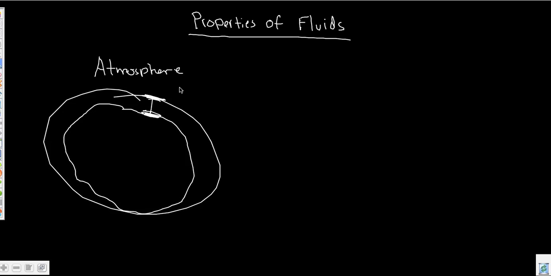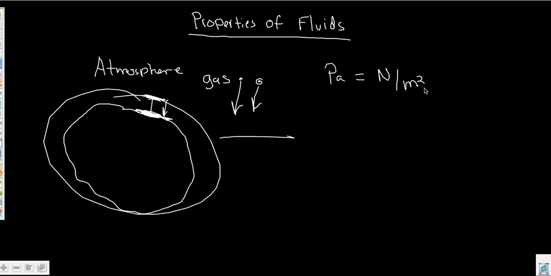Like, it has mass, because gas, remember, is made of particles, right? And so these little particles are moving around, and on any surface, let's say that this is sea level right here, it's going to have the force of all these miles and miles of gas smacking down on it. And how much force is that? Remember, we talked about in the last video how a Pascal is a Newton of force on a square meter.